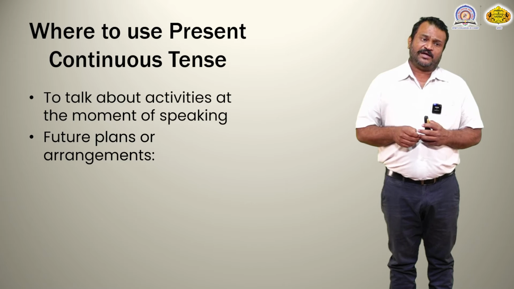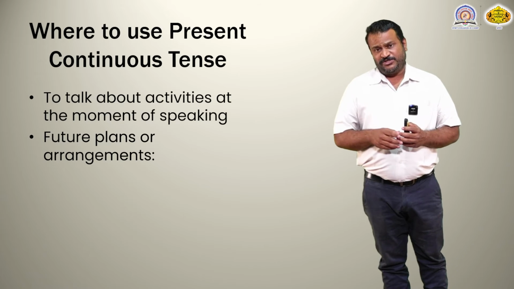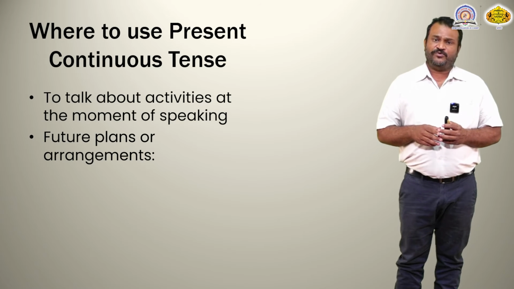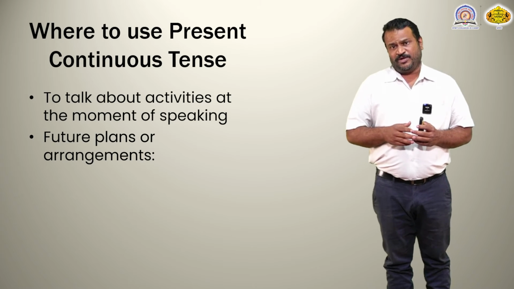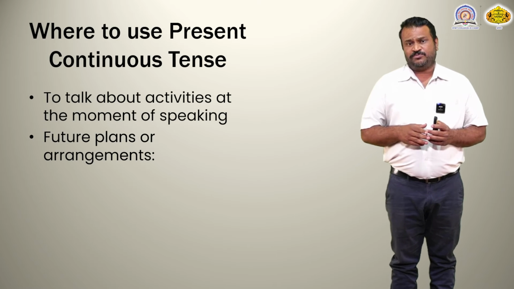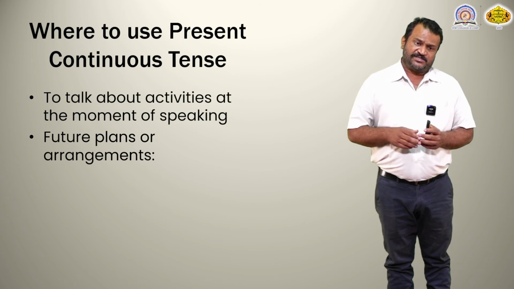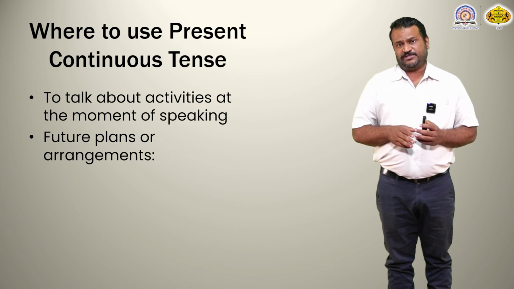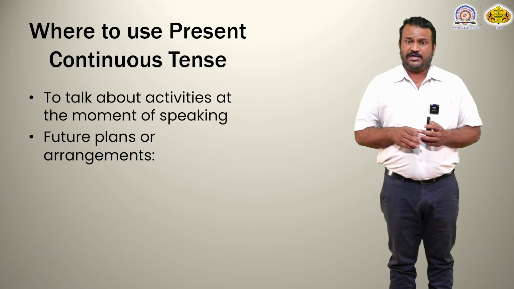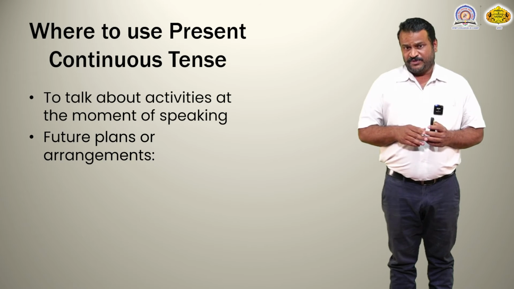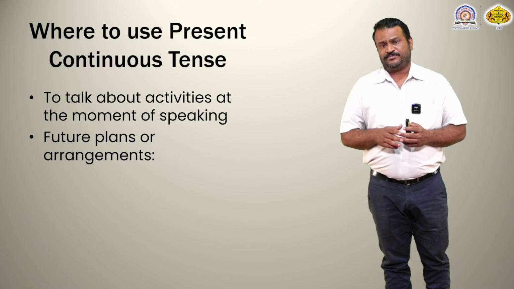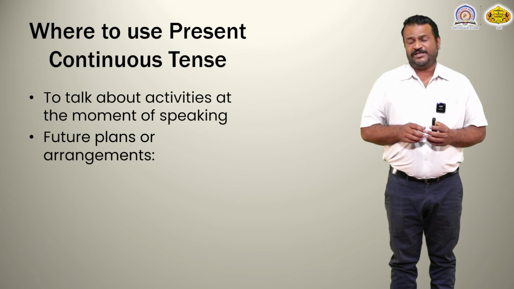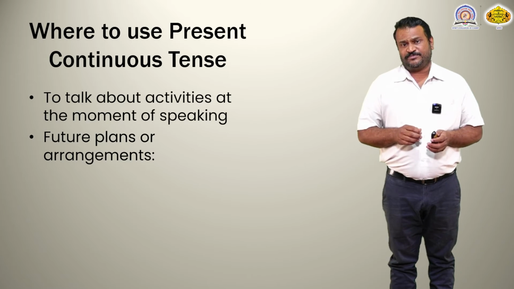You have already decided that after your graduation, post-graduation, you are not going to do a job, you are going to run your own business. So when you express your future plans, those plans should always be expressed in present continuous tense. I'm going to run a business. I'm going to run a restaurant after 5 years. So these are the things we talk about and we use present continuous tense.